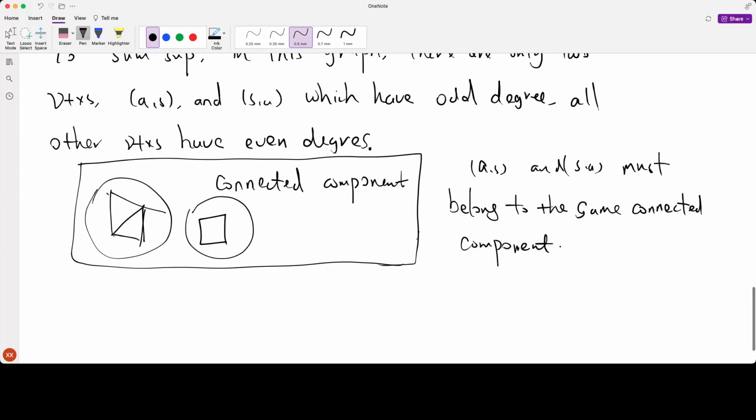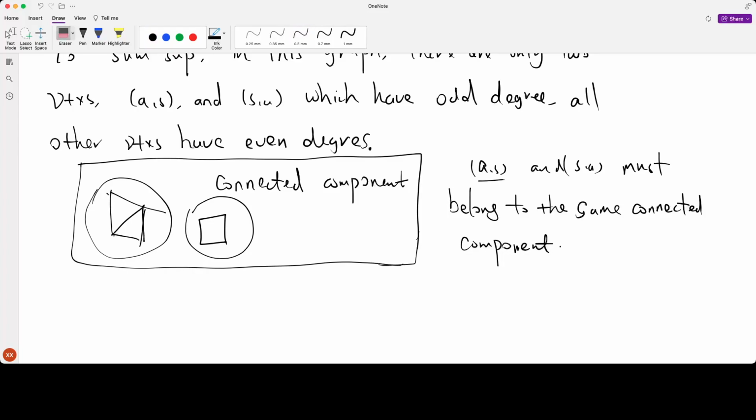If they belong to 2 different connected components, then take the first connected component. We only find 1 vertex with odd degree. We have proved a theorem or its corollary. I think I also put it in your second list to reinforce this because it's important. The number of vertices with odd degree must be even in any graph. But if you look at this connected component, it is a graph itself, and this graph only has 1 vertex, for example AS, with odd degree.